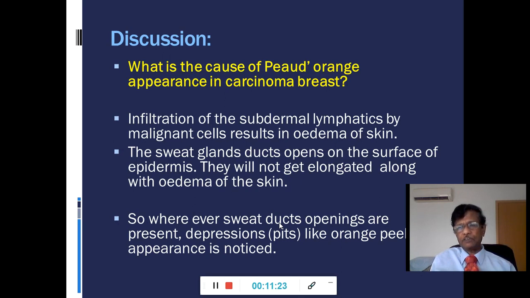From there sweat ducts come out and open on the surface of the epidermis to moisturize the skin. But these ducts will not get elongated along with the edema of the skin. So wherever sweat duct openings are present, they are naturally shortened, and depressions like an orange peel appearance are noticed.